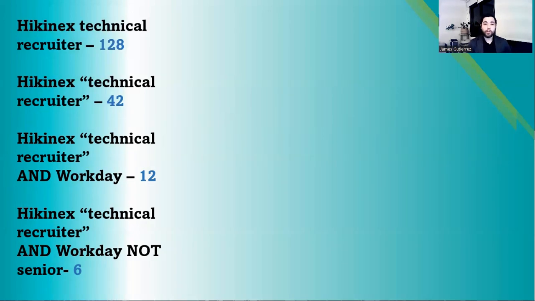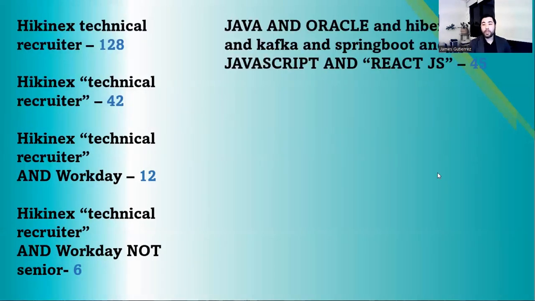Now, it can work in the reverse as well. Let's say, for example, we try looking for a senior Java developer. If you use these different key phrases such as Java and Oracle and Hibernate and Kafka and Spring Boot, JavaScript and React.js, you could get potentially 45 results. However, remember, candidates are human. They could be indicating these different tools in different ways on their profile.